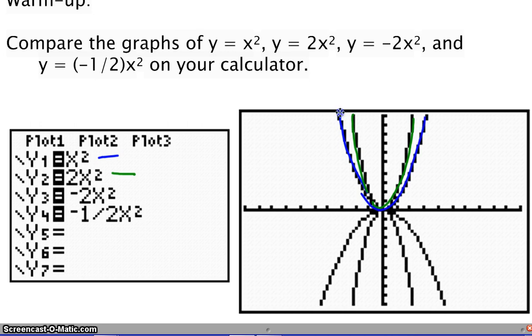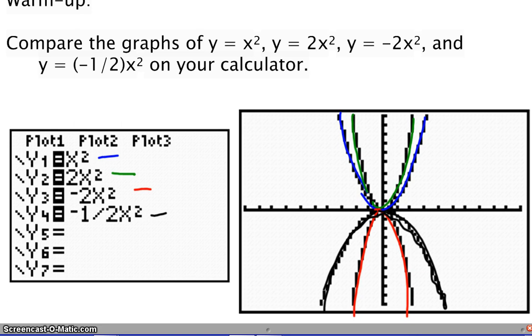And similarly down on the bottom, the negative 2 is going to make that one go down quicker, and with the negative 1/2, you're going to see that it gets wider. So we're going to talk about these different characteristics with these graphs.